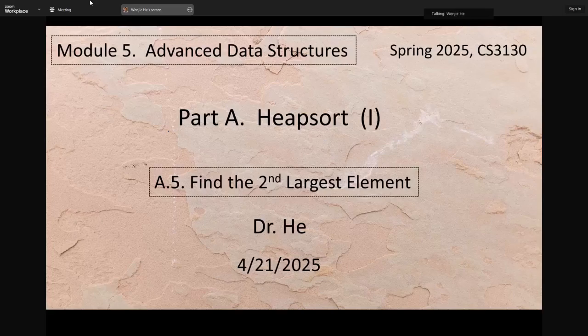We do it by the tournament method. Let's review that tournament method. When I graded the midterm, I noticed many students didn't use the tournament method.